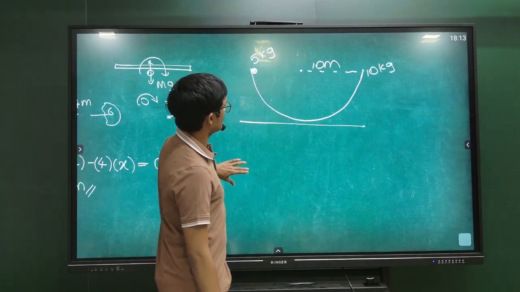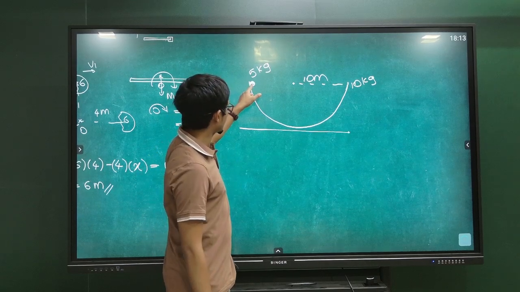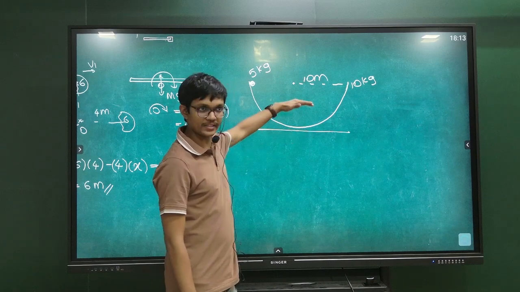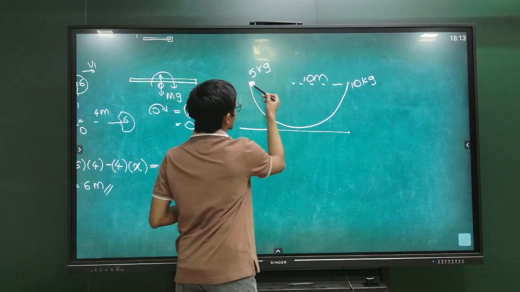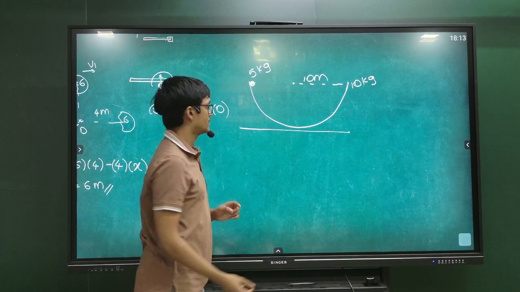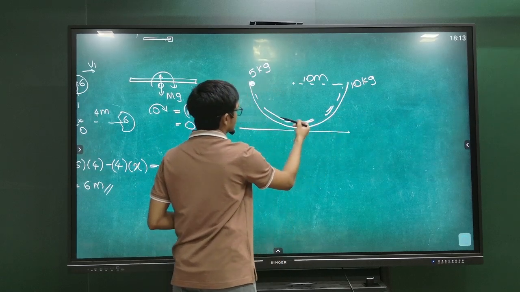Or else you can talk about the friction. You don't have friction here between the floor and this object, but between this one and this one, you have friction. Now, what will happen? It will move like this, then like this.